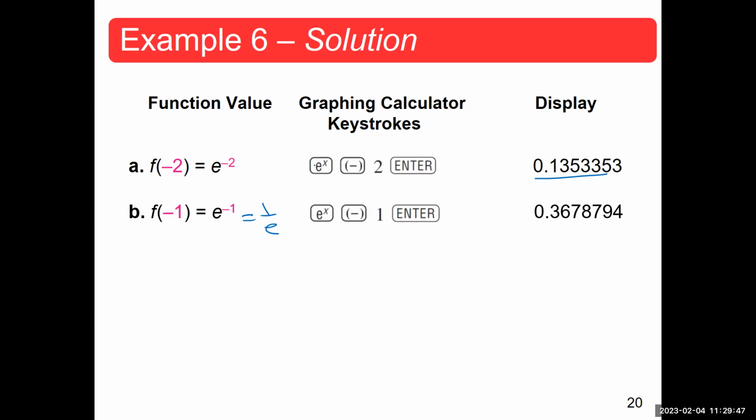You push e to power x, push negative 2, hit enter, and you get the answer. Now, e to power quarter: here the power is positive, so the answer is more than 1.